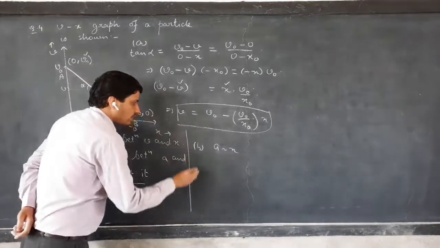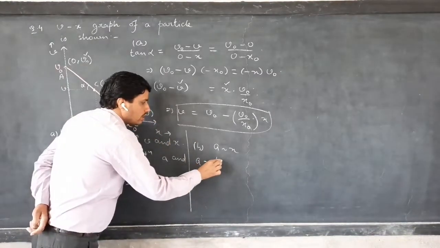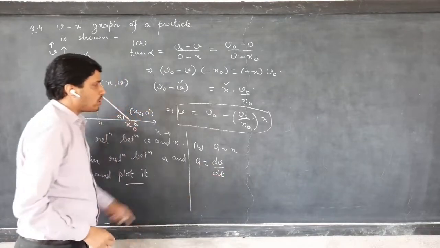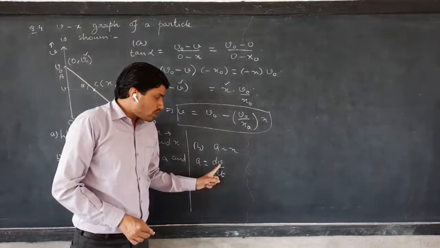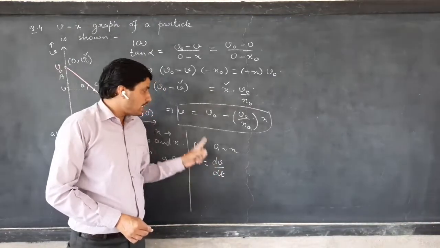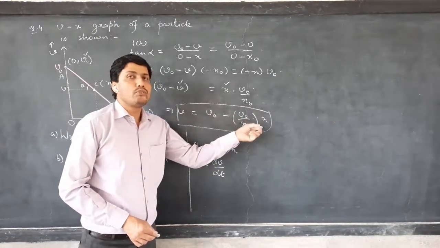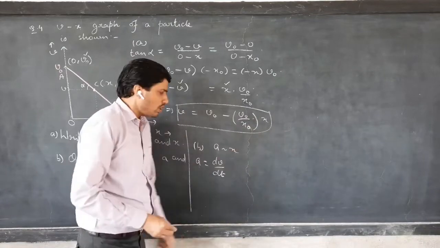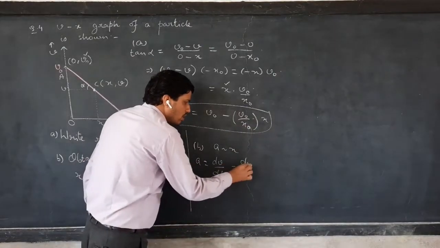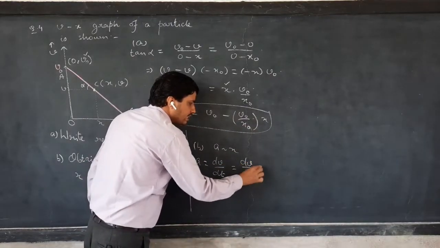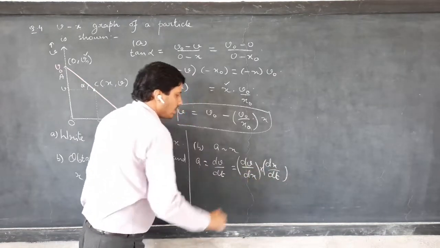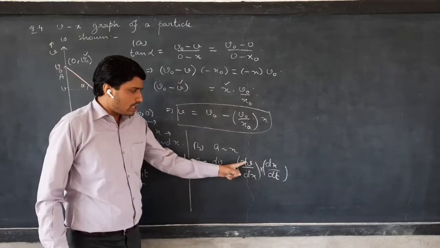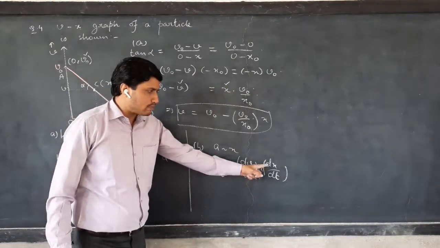So students, you just see, acceleration, how do you find? Rate of change of velocity. Velocity we have already got, but we have to differentiate velocity with respect to time. But here we have velocity in terms of position. Here we don't have time. So a bit of manipulation we shall do. dv by dt can be written as dv by dx into dx by dt.